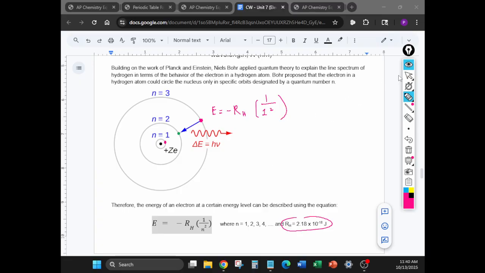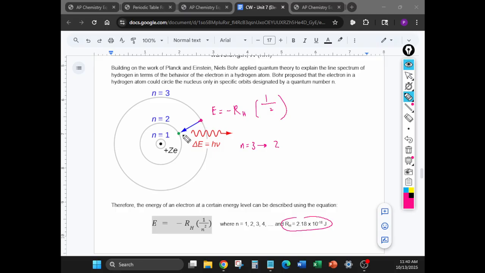Okay. All right. With that being said, this equation can also be used to calculate how much energy is released when an electron drops from one level to another. So for example, let's say that we have an electron like in this picture where you drop from 3 to 2. So the n level is 3 to 2.